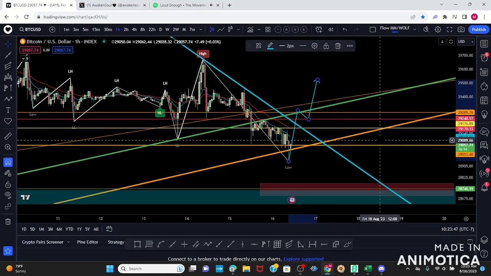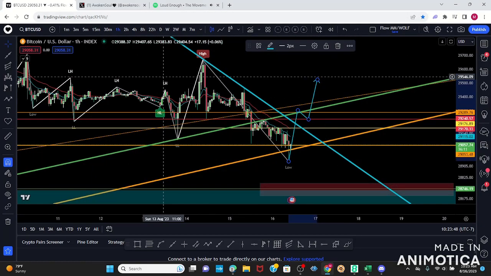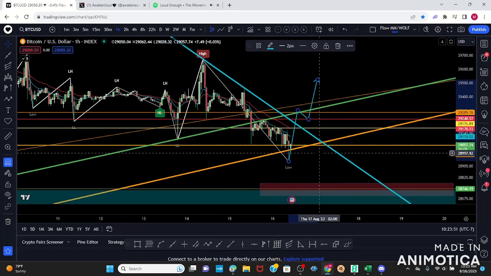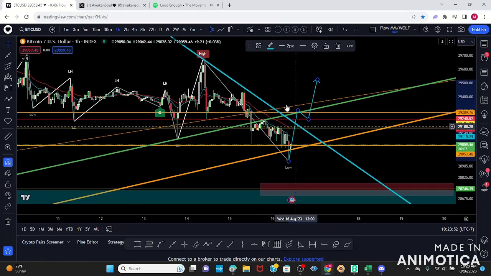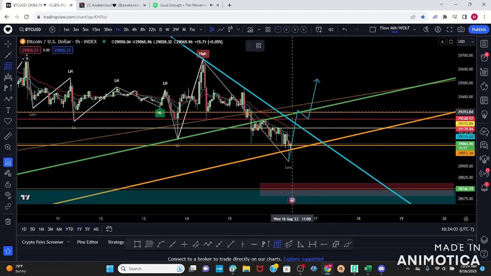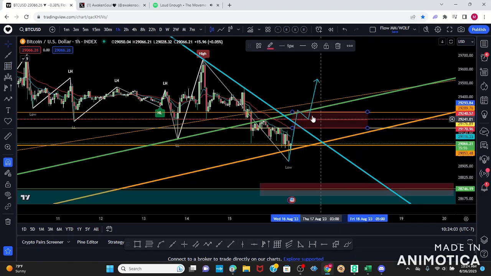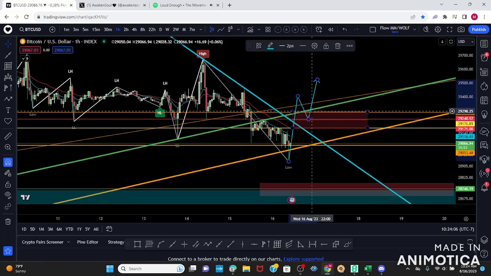So I would not be looking for longs till my 1 hour trend would break. And again, price action holding above the day, holding above the monthly, because we still have that weekly resistance. So there's a lot of resistance going on here. So this whole area has to be broken for me to even consider a long.